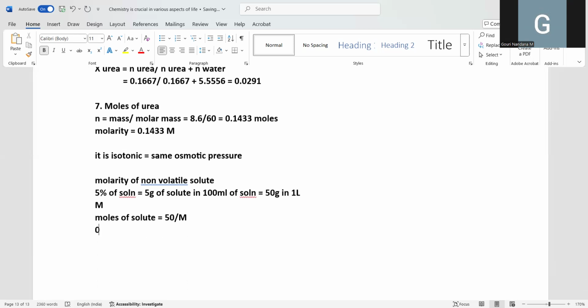So 0.1433 is equal to 50 by m. From this you can find the m, and the value would be approximately 348.7 gram per mole.